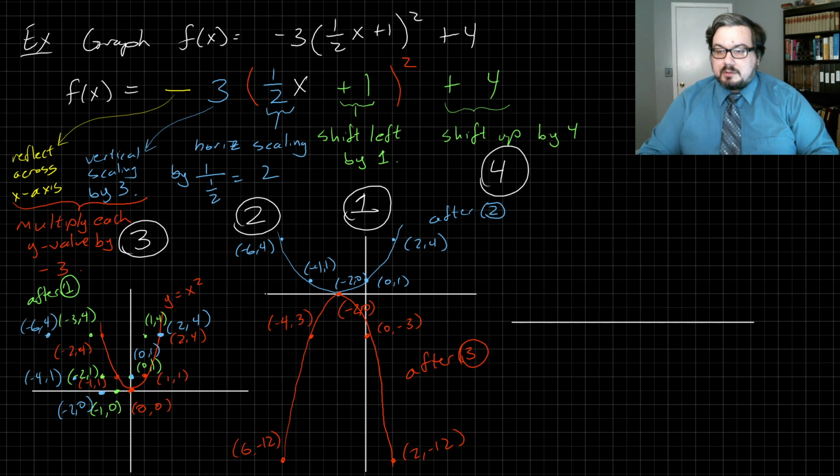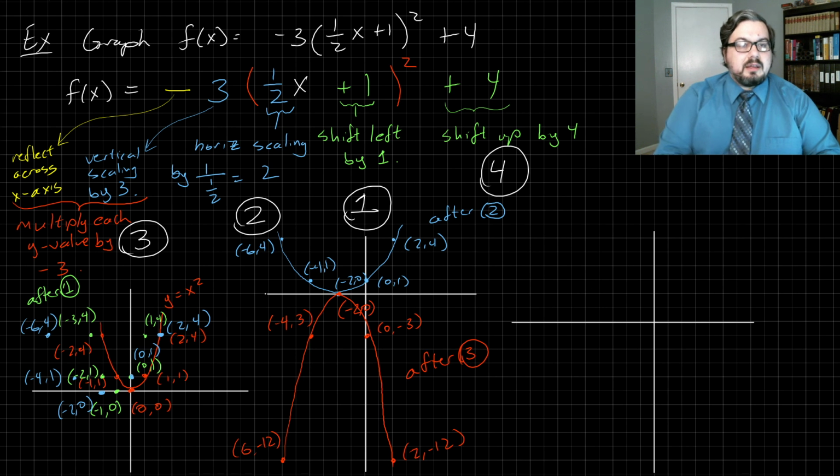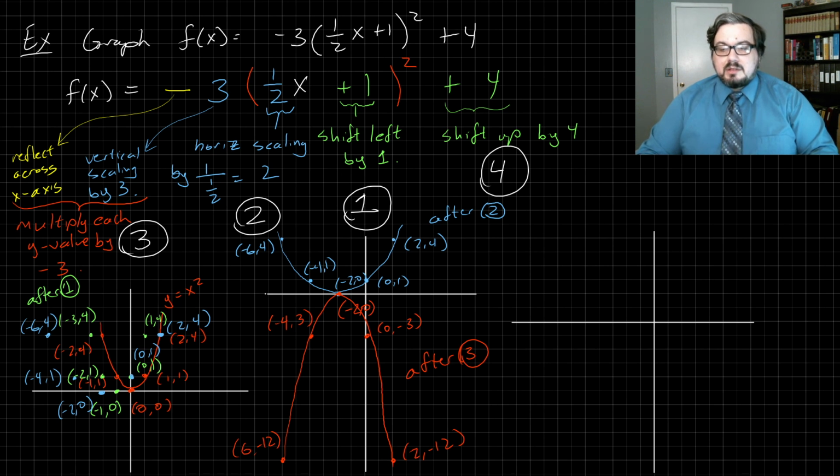All right, so let's see what this is going to look like. I'll go ahead and do it in green for the final one. So shifting up by 4, of course, just means that we're going to take each one of our points and move it up by 4, add 4 to the y coordinates. So we get negative 2 comma 4, 0 comma 1, and negative 4 comma 1.